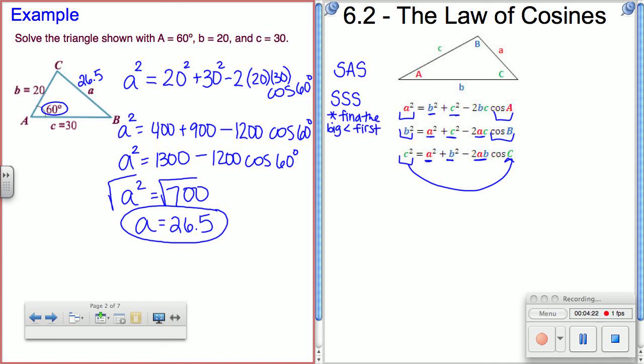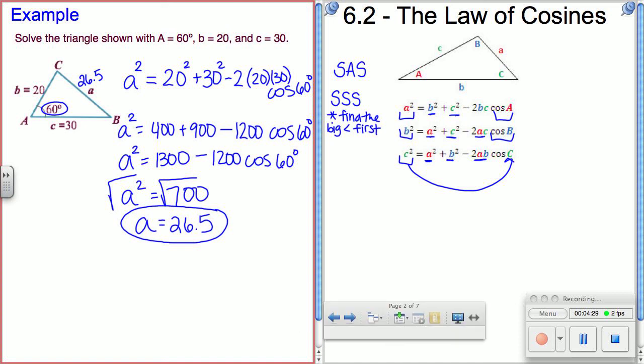Now, we're supposed to solve the triangle. I have all the side lengths. The thing I'm missing now are my angles. Now that I know that angle A matches with 26.5, I can use the law of sines now to find my other angles. So let's start with angle B.